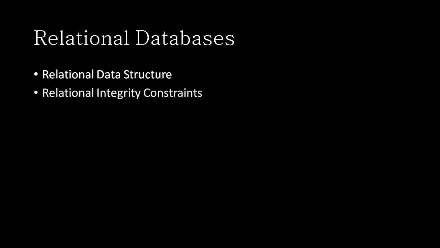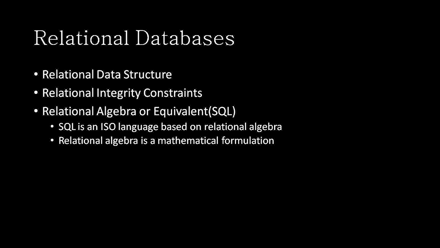Now I'm going to talk about relational databases. The relational data model comprises a relational data structure, a relational integrity constraint, and relational algebra or equivalent SQL. SQL is an ISO language based on relational algebra, and relational algebra is also a mathematical formulation.